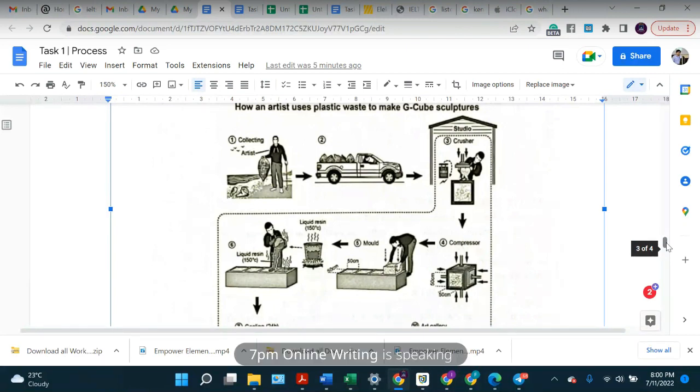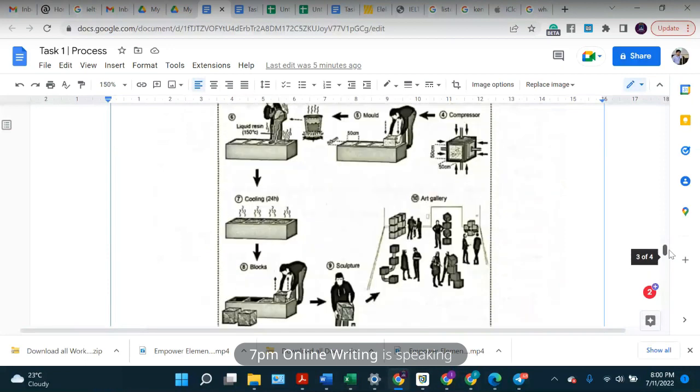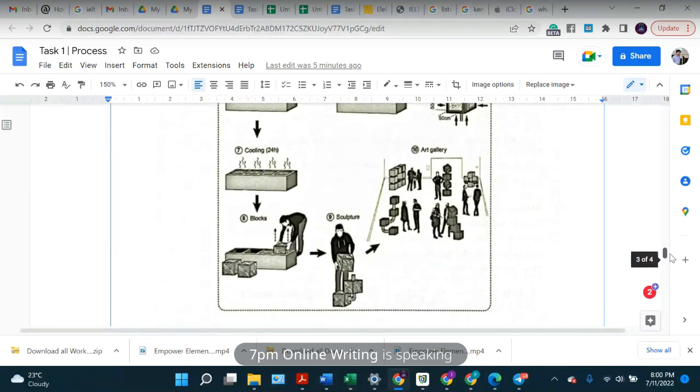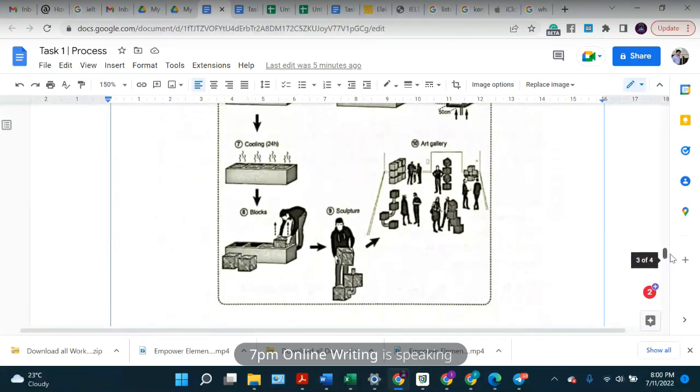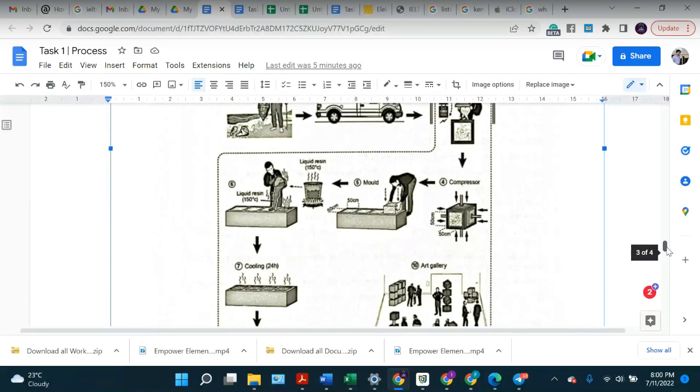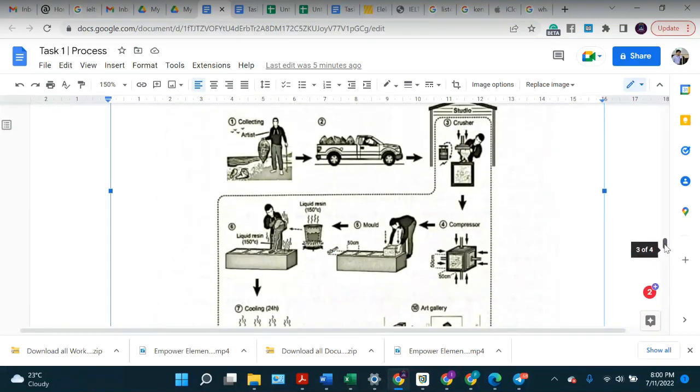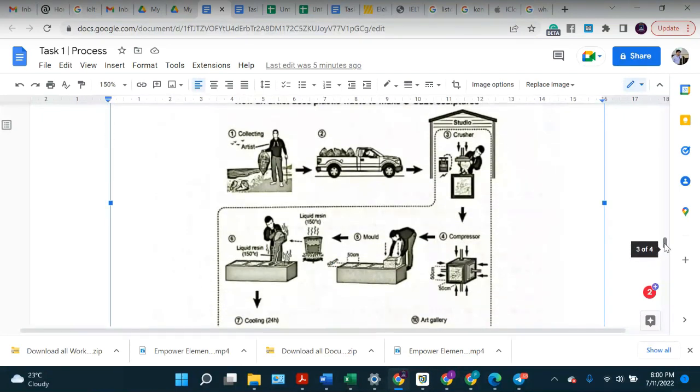But the problem is, it takes place outside the studio, right? It takes place outside the studio. And everything else is in the studio except the viewing, yeah? Yeah. And then the problem is that those two stages are separate, but I don't think you can really put them in a separate paragraph, or can we?